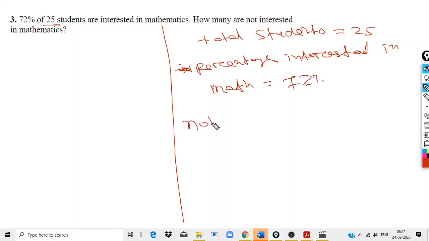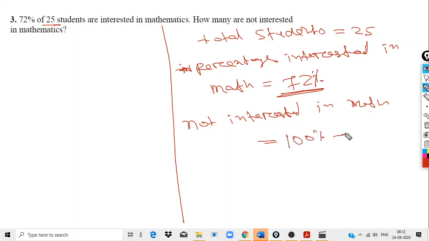So not interested in math is equal to, out of 100%, 72% are interested. Not interested will be 100% minus 72%, which will be equal to 28%, isn't it? Okay, so the total number of students is 25. We have to find how many are not interested in mathematics. So we have to find 28% of 25.